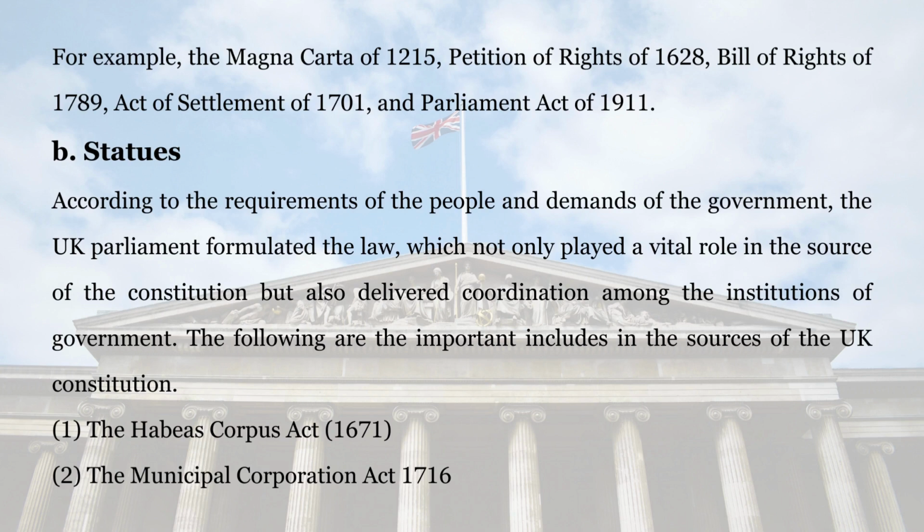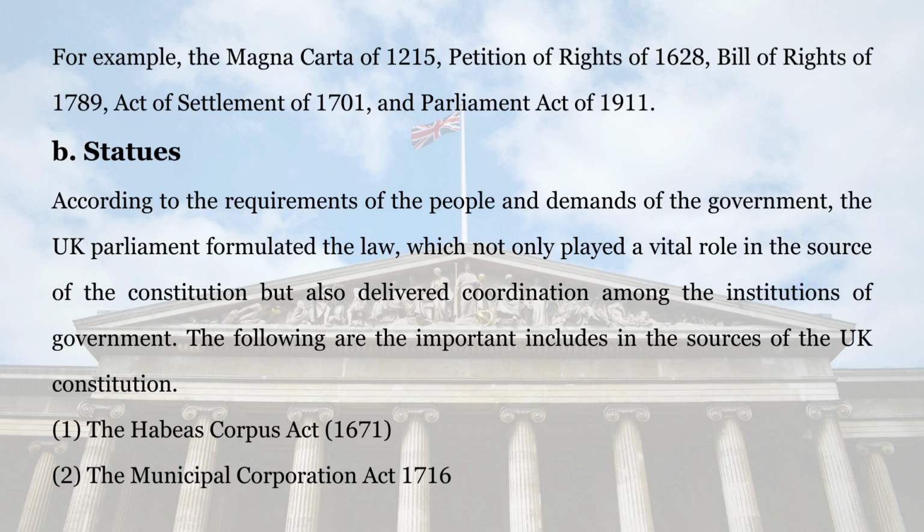B. Statutes. According to the requirements of the people and demands of the government, the UK Parliament formulated the law, which not only played a vital role in the source of the Constitution but also delivered coordination among the institutions of government. The following are the important statutes included in the sources of the UK Constitution. 1.